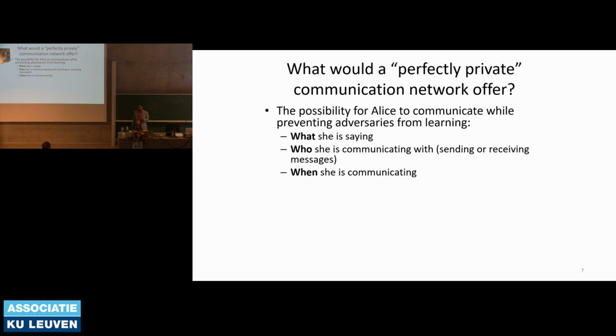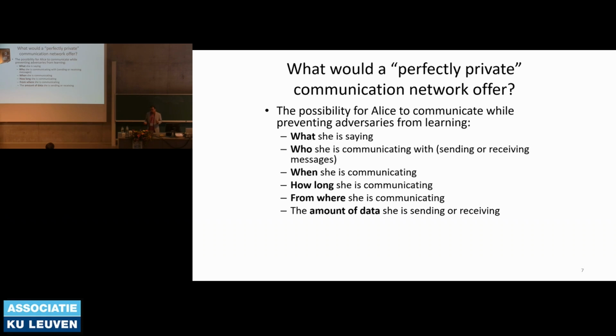When she is communicating, if there is a communication pattern, how long she is communicating, from where she is communicating. Most of the time, IP address comes with location. From the IP address, you can track location. And how much data she is sending. Are you downloading a file? Are you downloading a movie?